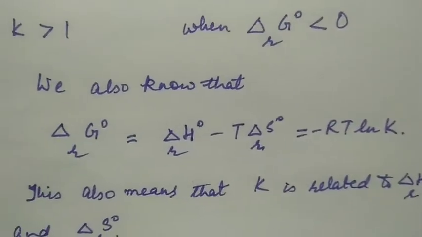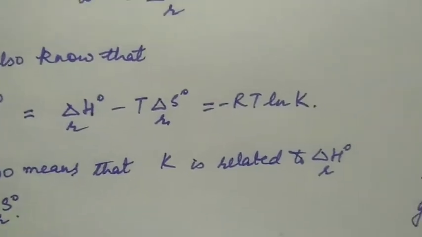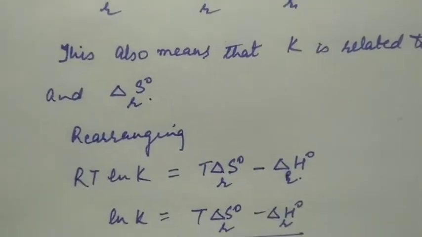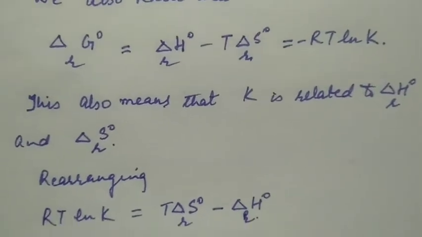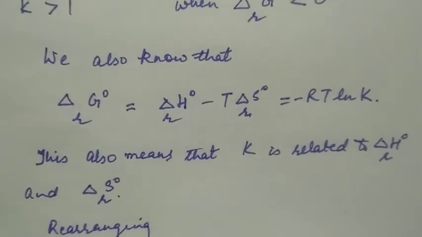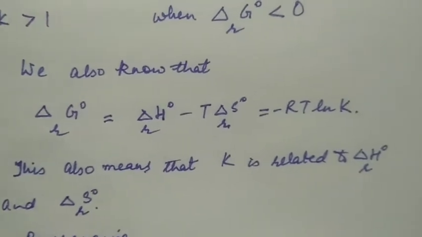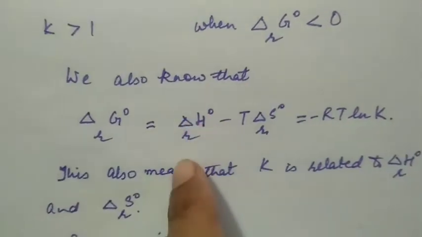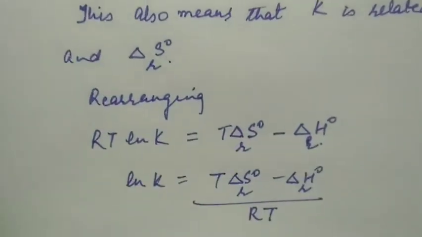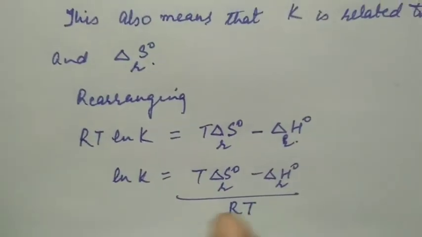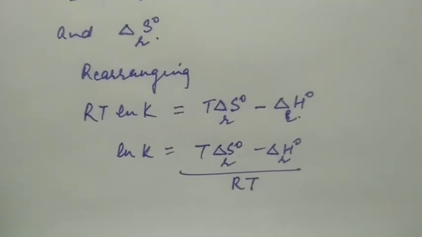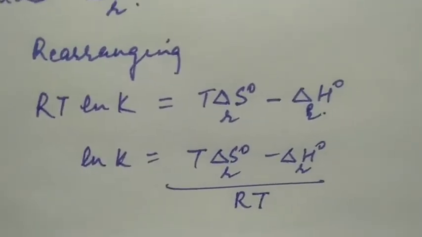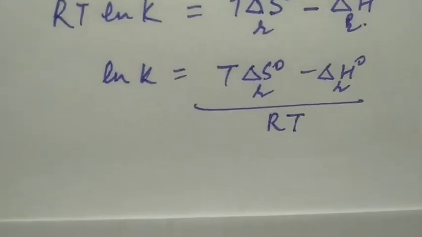And we also know that delta G naught R is equal to minus RT ln K. So equating these two terms, we get minus RT ln K is equal to delta H naught minus T delta S naught, and bringing it to the left side, ln K is equal to T delta S naught R minus delta H naught R, all divided by RT, that is, T into standard entropy change minus standard enthalpy change divided by RT.